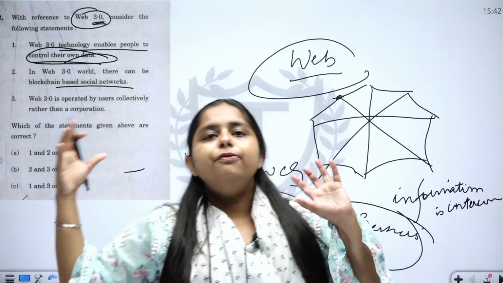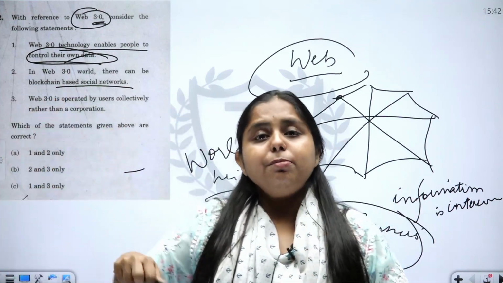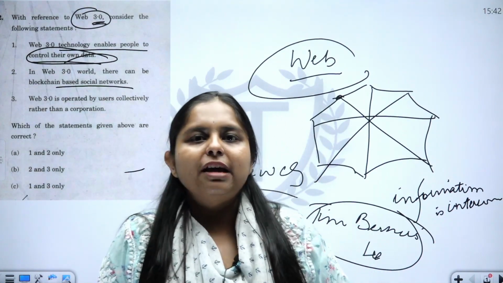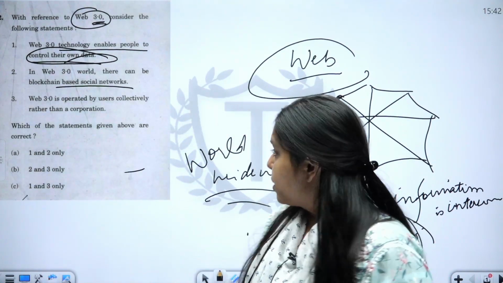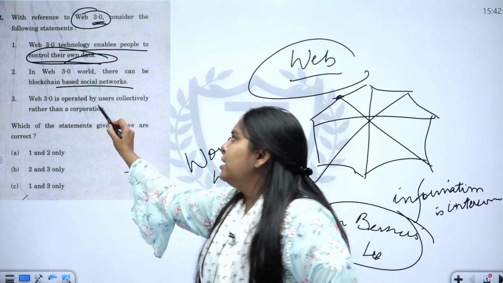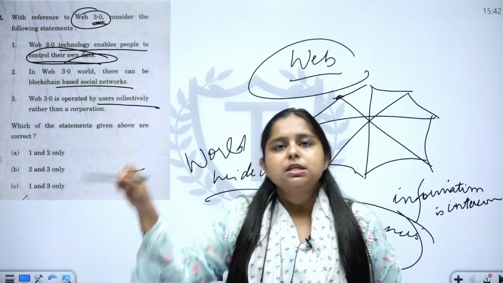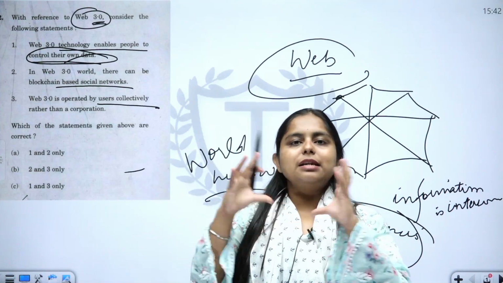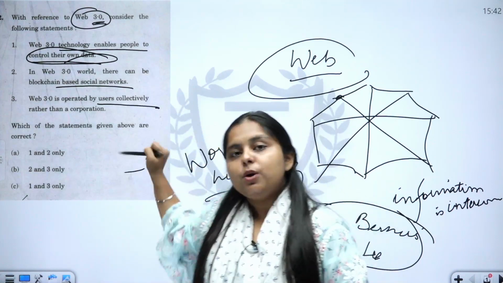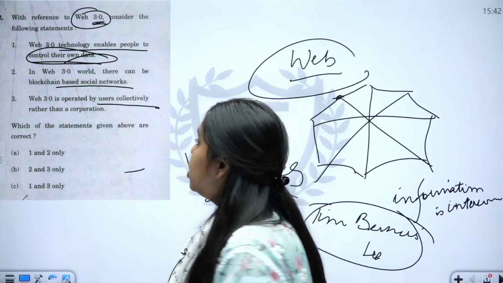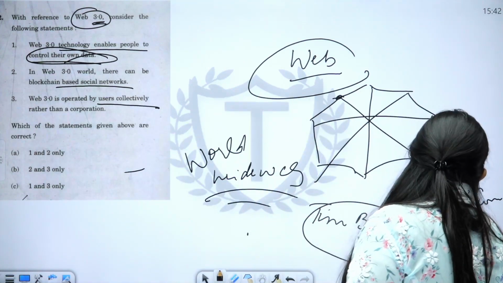Now you are using Facebook. But if Web 3.0 comes into play, then you do not need Facebook. There will be no censorship. And it is operated by users. You, I and every individual on this network will be having equal control over the data. There will be no central controlling authority. So this is the feature of 3.0.